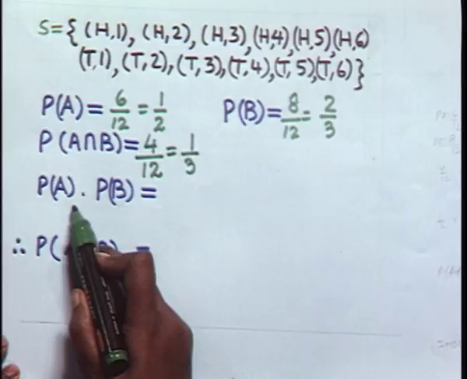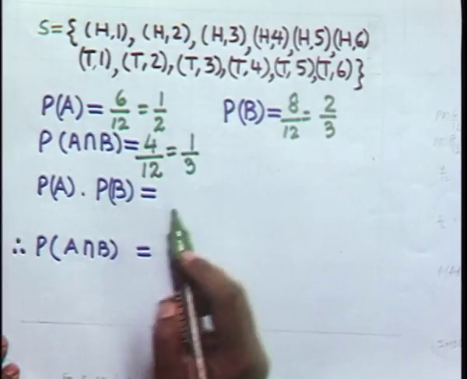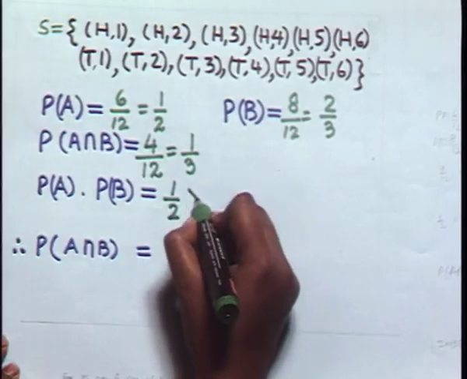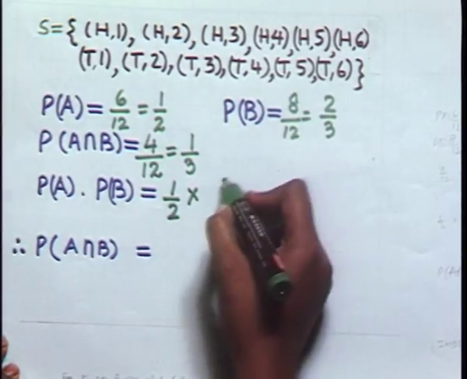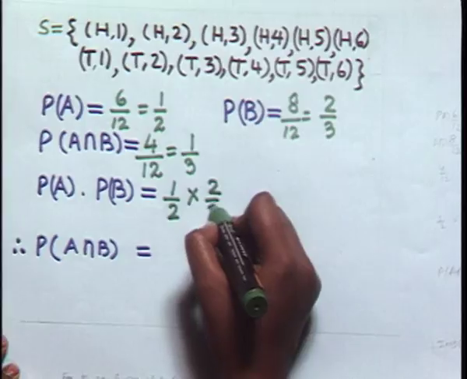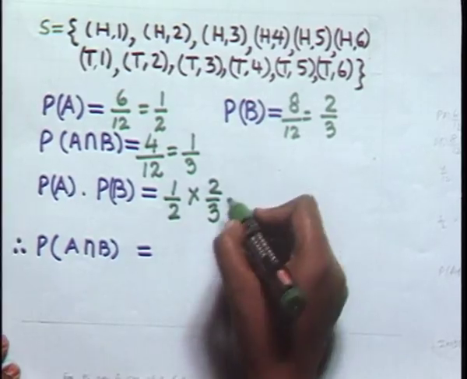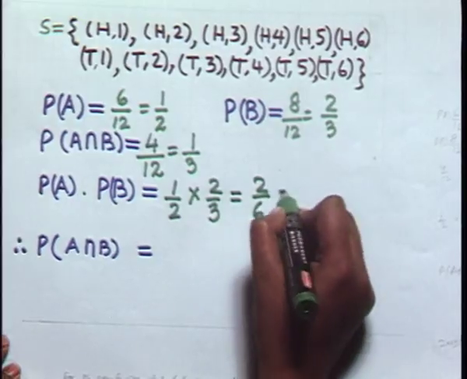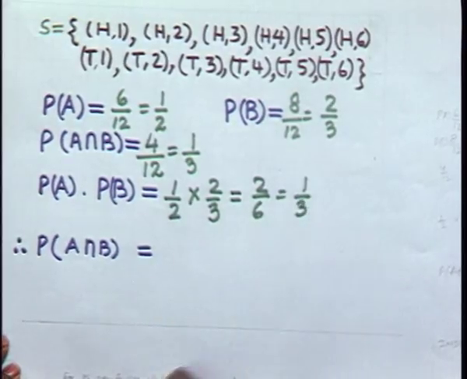Now, probability of A into probability of B is equal to 1 upon 2 multiplied by 2 upon 3, and this is equal to 2 upon 6, which is equal to 1 upon 3 again.